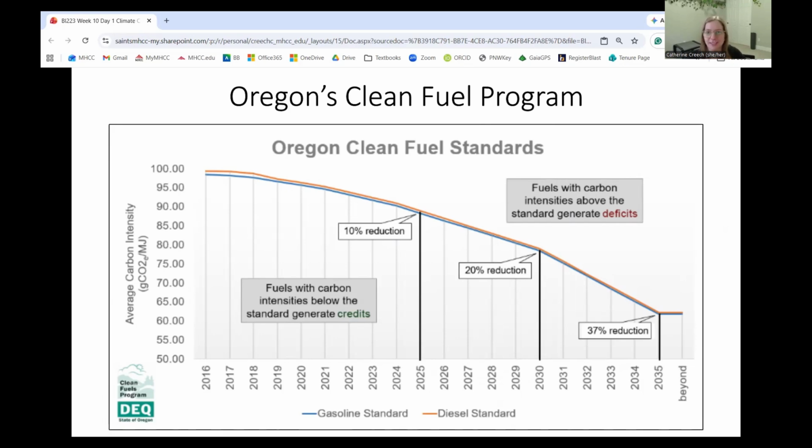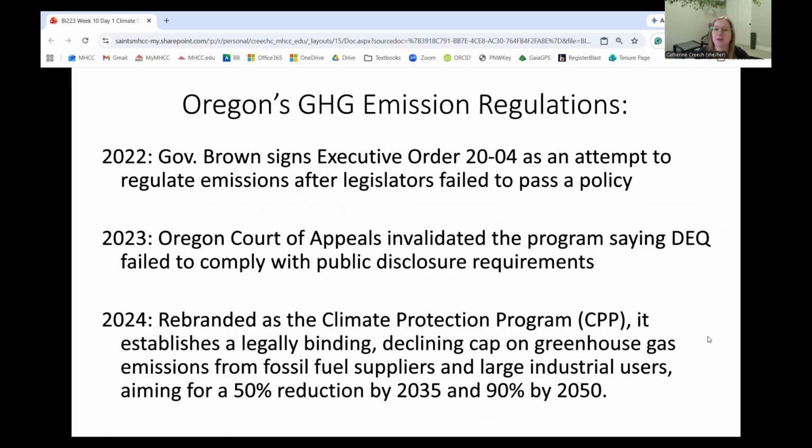What else is Oregon doing? Oregon has some greenhouse gas emission regulations, and this is really interesting because it's ongoing. So in 2022, Governor Brown signed Executive Order 2004, and it was an attempt to regulate greenhouse gas emissions after legislation failed to pass a policy when they had intended to pass a policy.